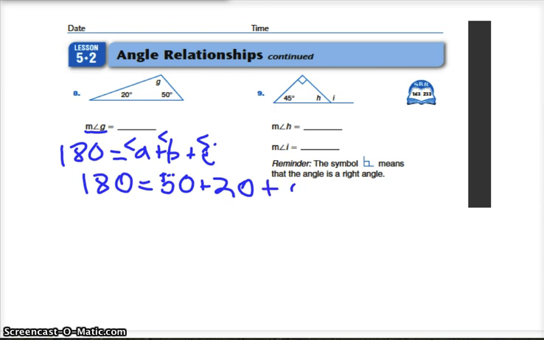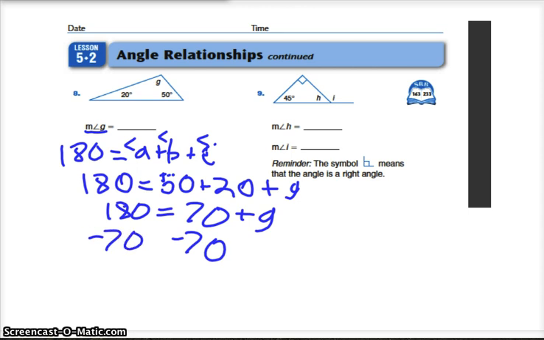So we're going to put plus G. Now we can do just some simple math. We still have 180 over here. We have 70 plus G. And we want to get G all by itself. So what we do is we subtract 70 from each side. That cancels that out.